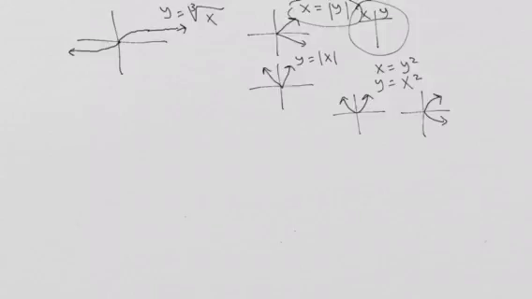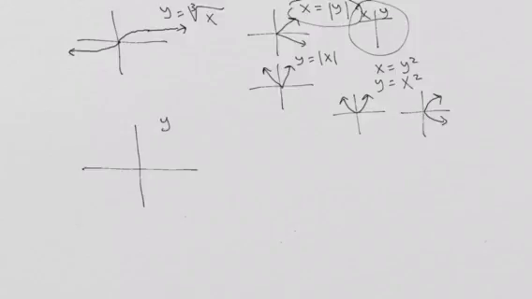Then the only other thing they're talking about in this section, and it's what the next section is about to a large extent, is piecewise functions, which you and I have dealt with, and you didn't seem to have any trouble with that.